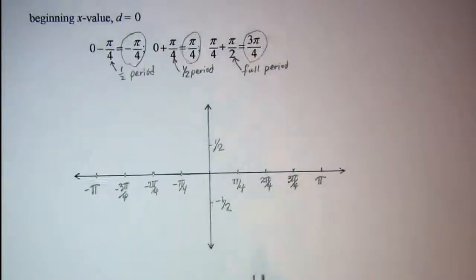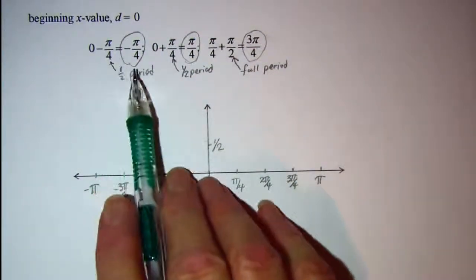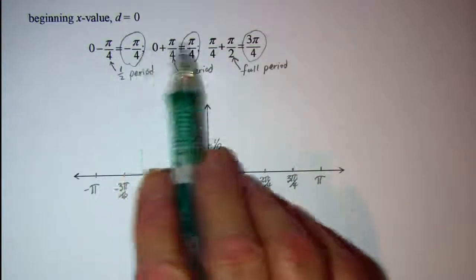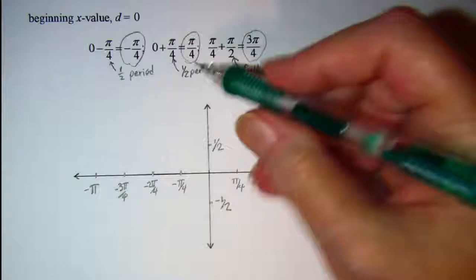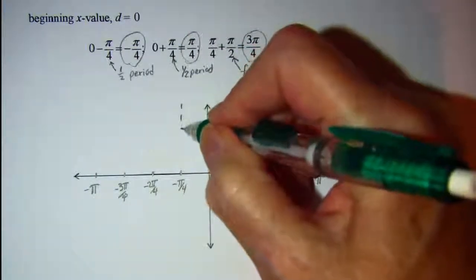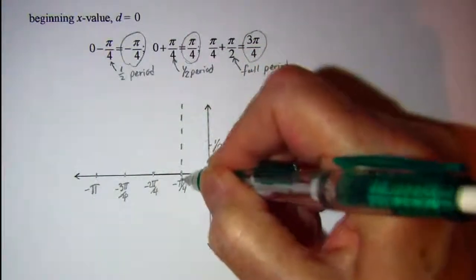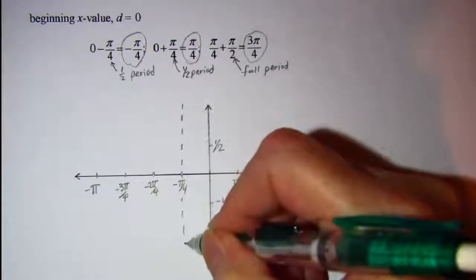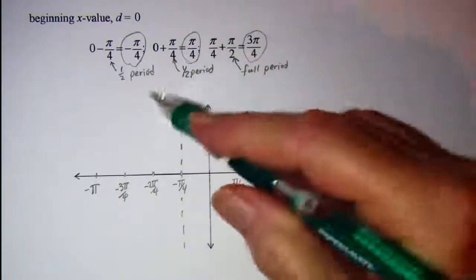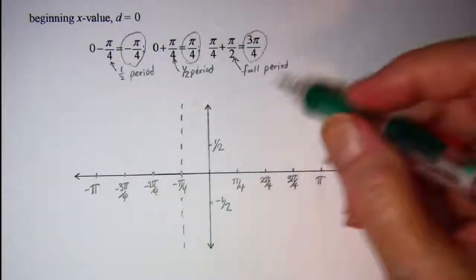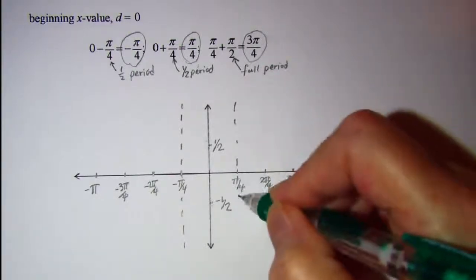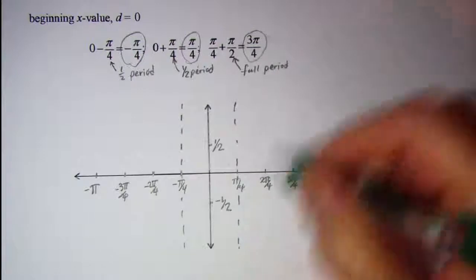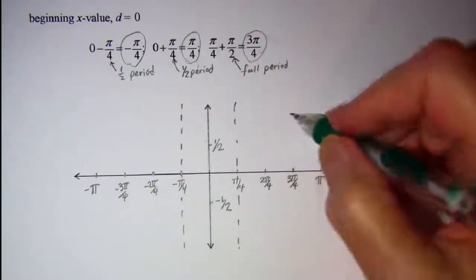And then we said we would draw our asymptote guidelines at these values. So we have one at negative pi over 4. We have one at pi over 4, we have one at 3 pi over 4.